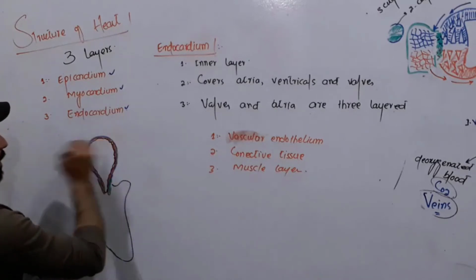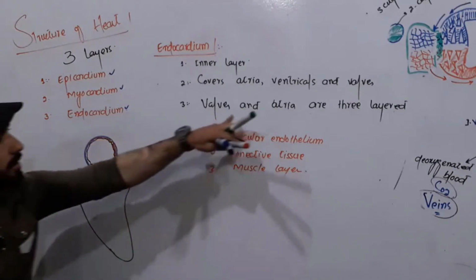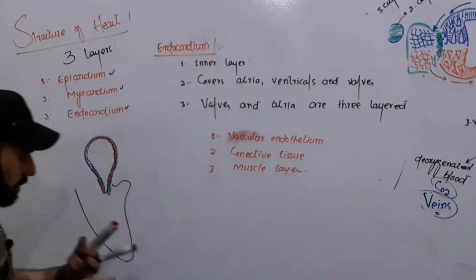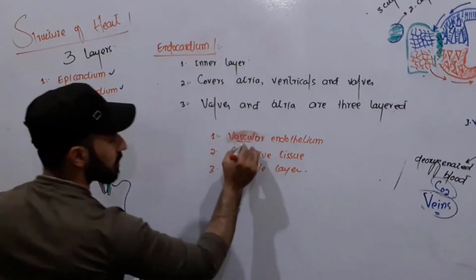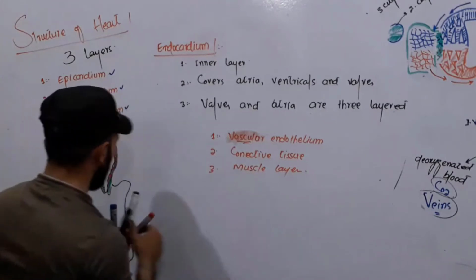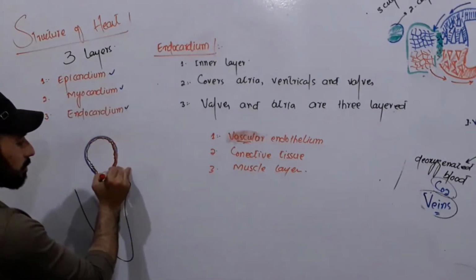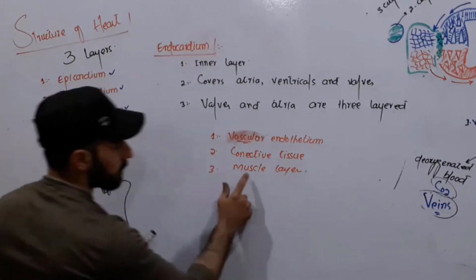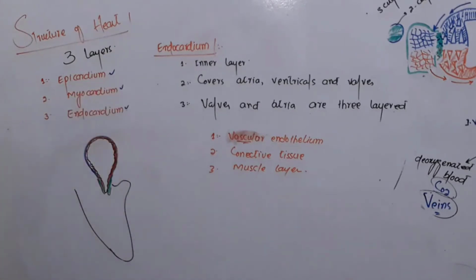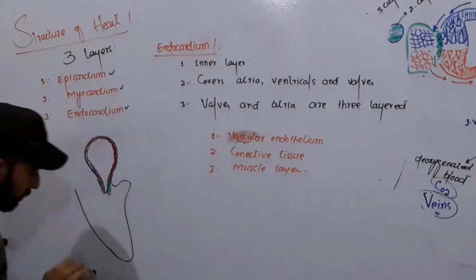So in the atria and valves, the endocardium is three-layered. Vascular endothelium, in which vessels are present. Then there is muscular endothelium, right? And then there is connective tissue endothelium. Clear?